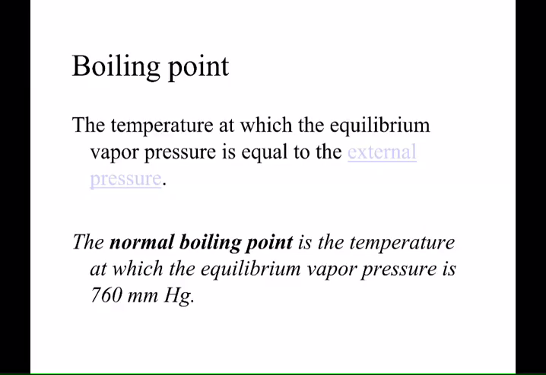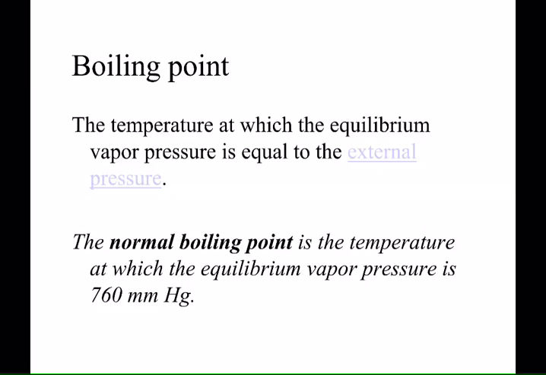At the point at which this equilibrium vapor pressure of H2O equals the pressure outside, then it will go to the phenomenon we call a boil. It will go freely from a liquid to a gas.